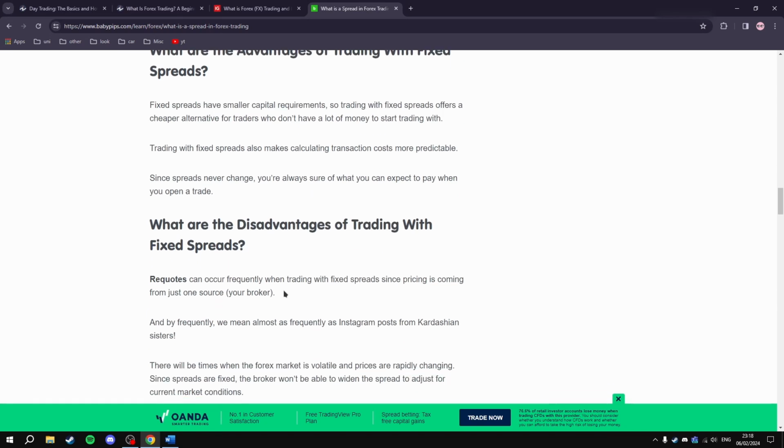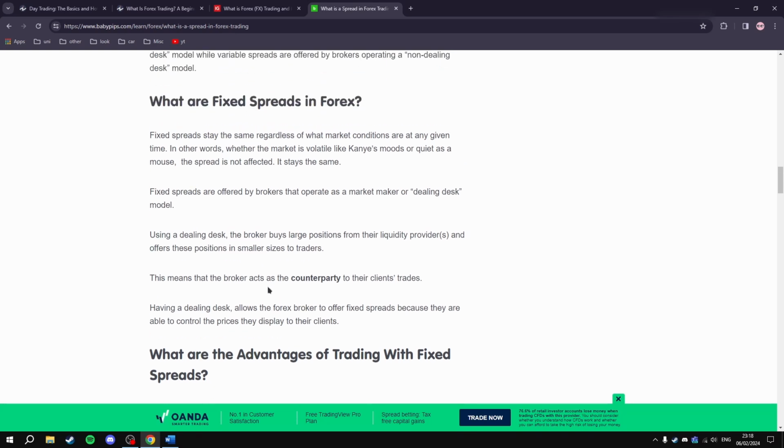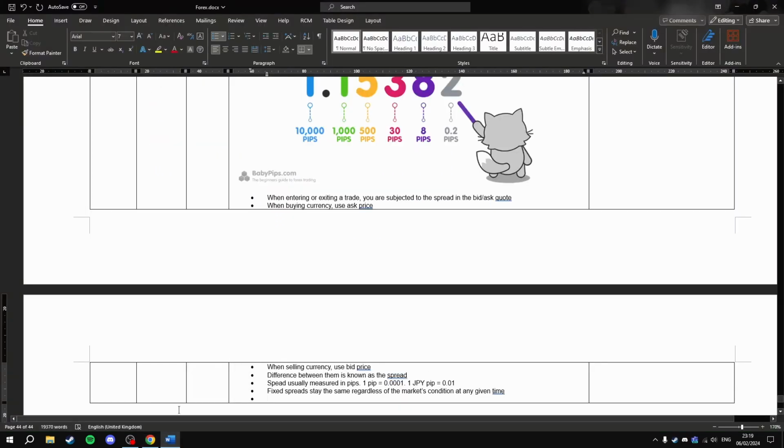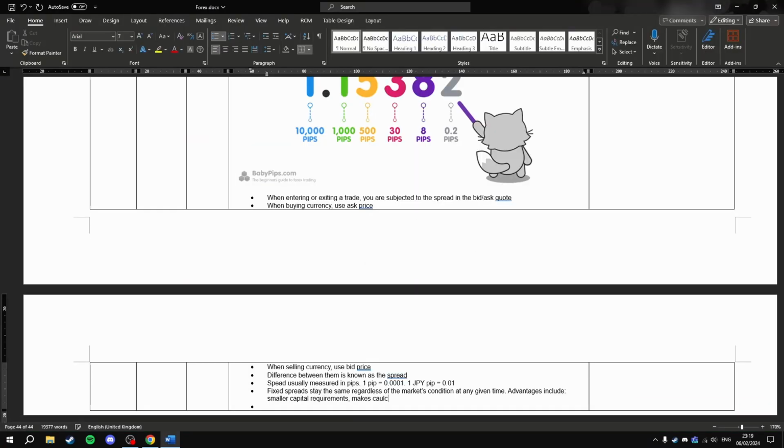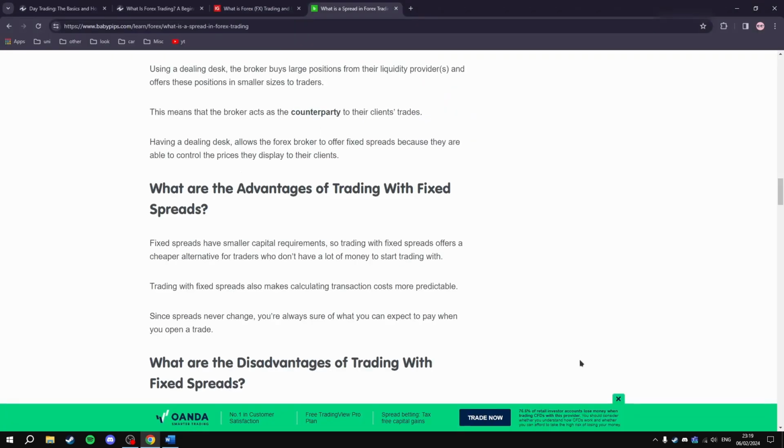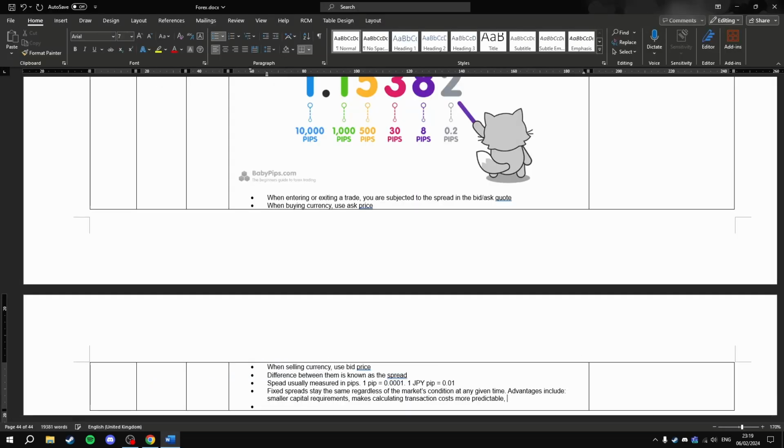What are the advantages? They include smaller capital requirements, and it makes calculating transaction costs more predictable.